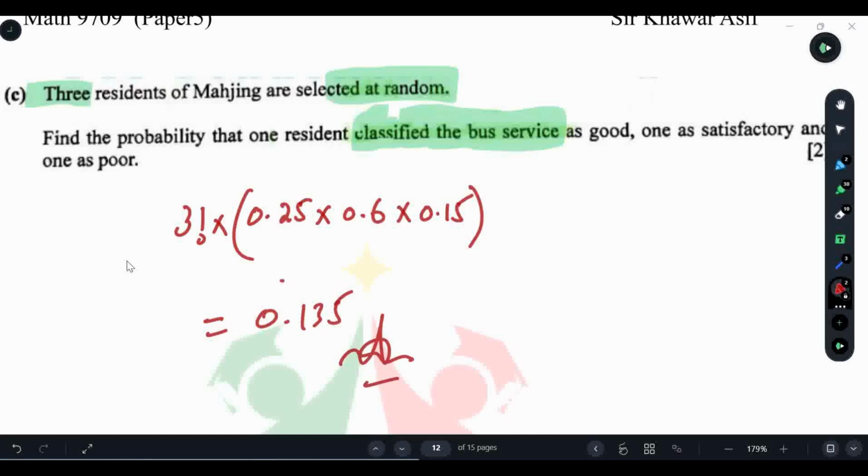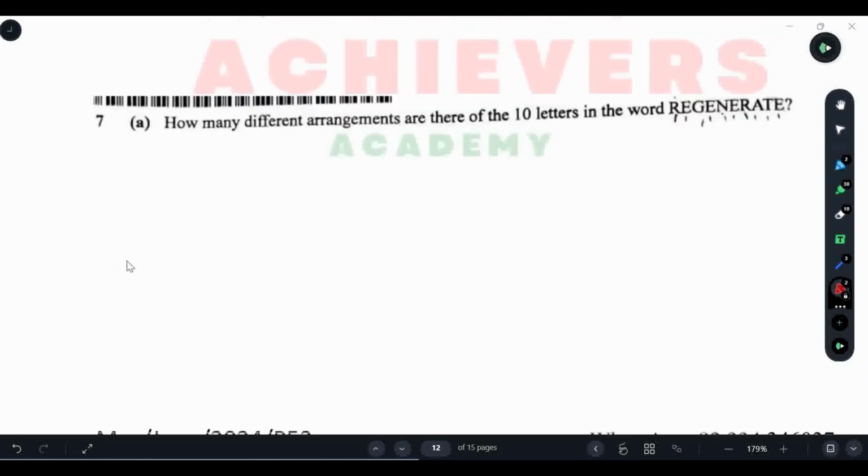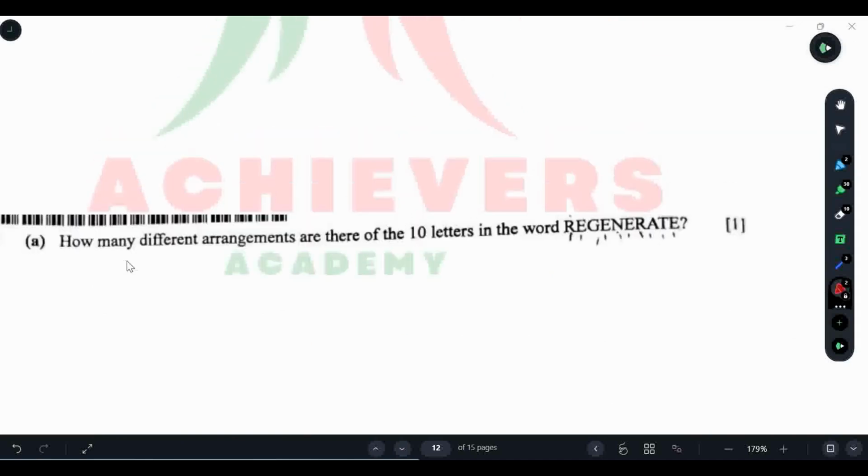This will be the final answer. Let's move to the next question.